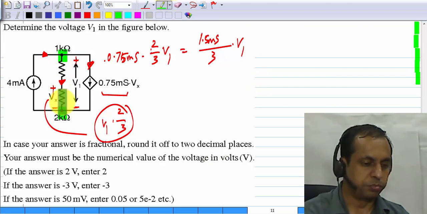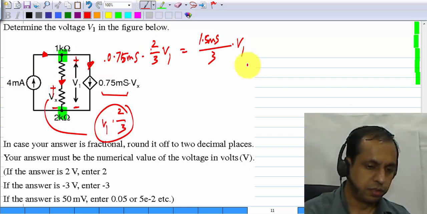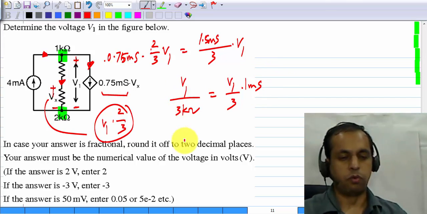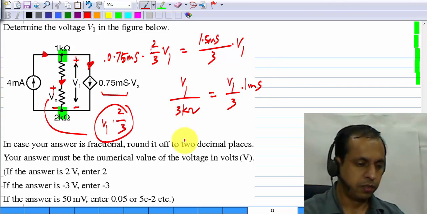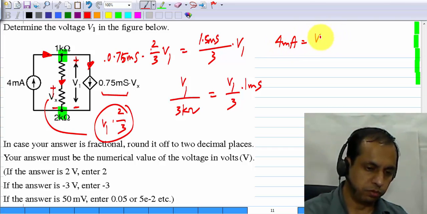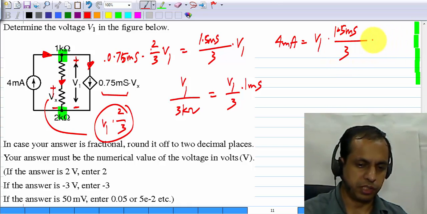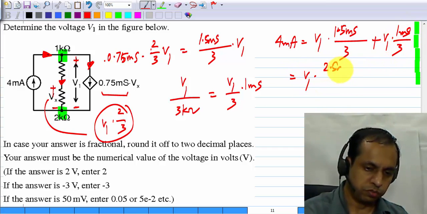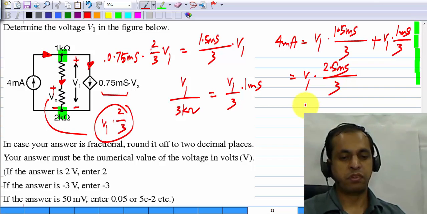And the current in this branch is nothing but V1 divided by 3 kilo ohms, which can also be written as V1 by 3 times 1 millisiemens. 1 over 1 kilo ohm is 1 millisiemens. So the total current here, we know that is 4 milliamps, and that's equal to V1 times 1.5 millisiemens by 3 plus V1 times 1 millisiemens by 3, which is V1 times 2.5 millisiemens by 3.